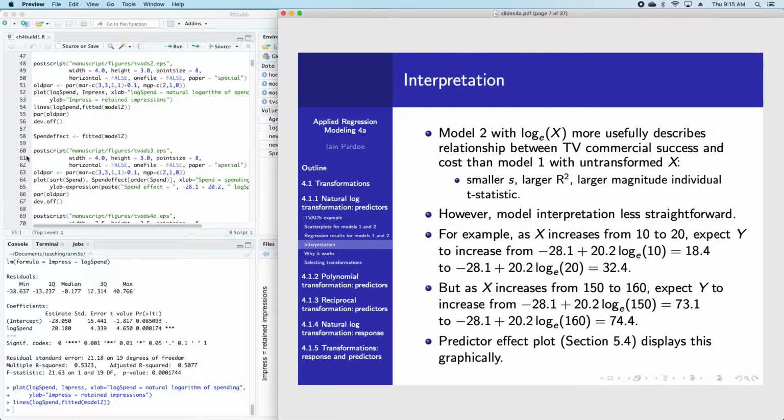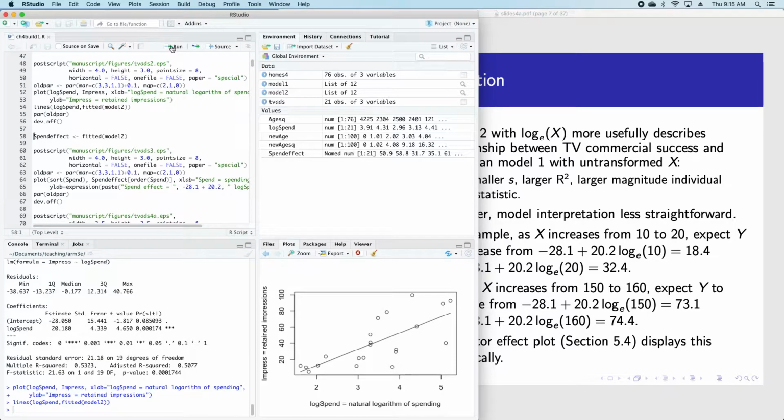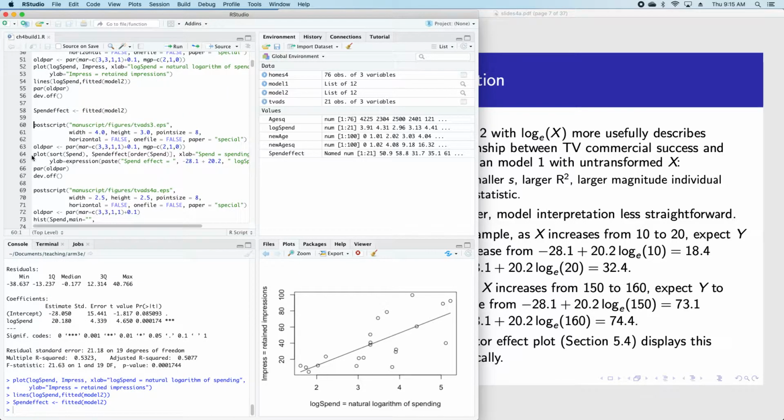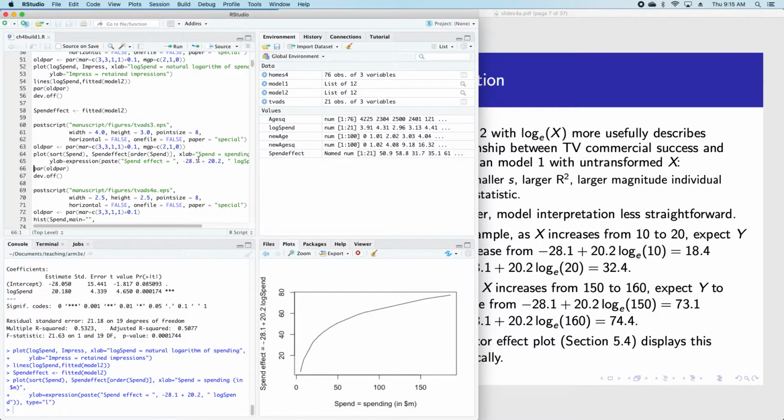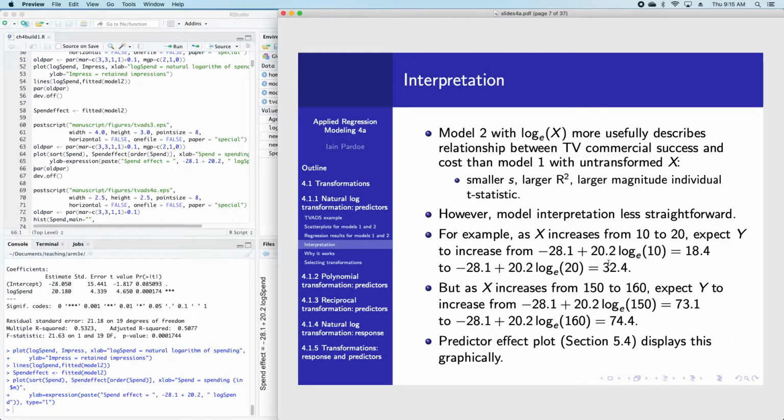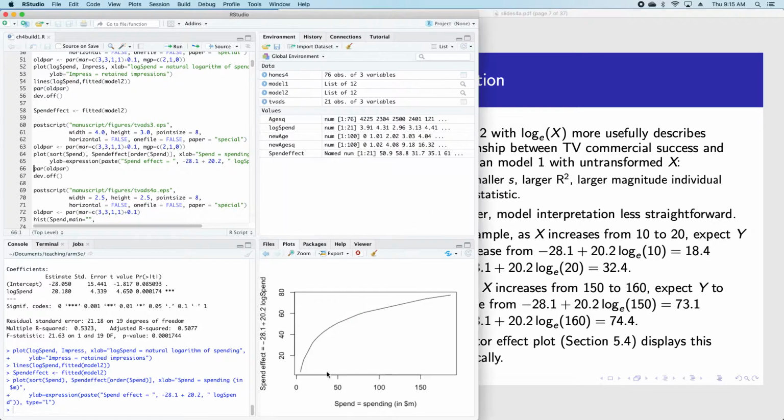Well, what I could do is I could calculate those fitted values and then draw those on a line graph. So that's what this is. So that's a visual impression of these calculations that we're doing here. So when x goes from, say, 10 to 20, y goes from down here all the way up here. Whereas when x goes from 150 to 160, then expected y only goes from here up to here.